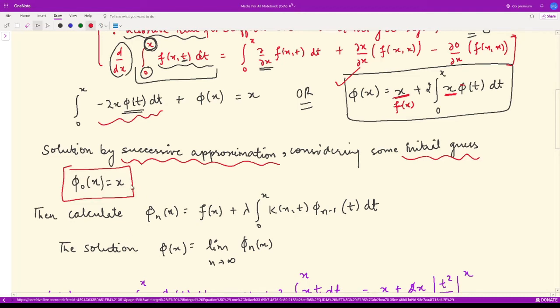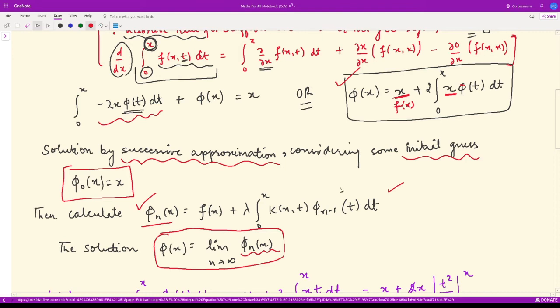Once you have the initial guess, we can successively calculate phi n x using this expression. That means if you are calculating phi 2, you will plug phi 1 over here. If you are calculating phi 3, you will plug whatever phi 2 was from the previous step, and you keep on doing this up to a certain n, and then whatever is your phi n x, you take its limit as n goes to infinity, and that is your solution.